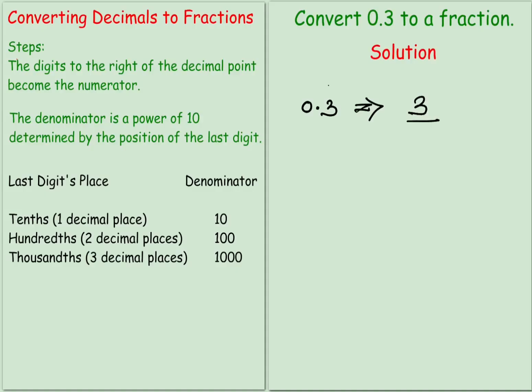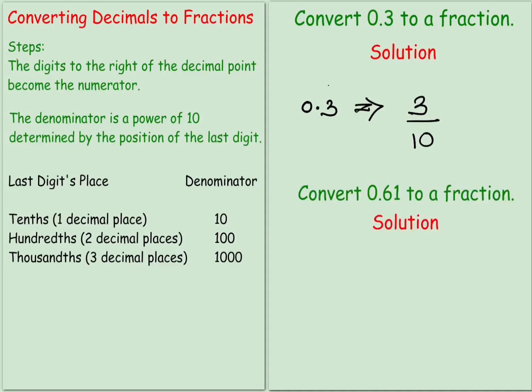Now, how many decimal places do you have here? It's just 1. So if it is 1, it is just going to be what? 10. You see, but if it is 2, then 100. If it is 3, then 1000, in that order. So the digit to the right is your numerator over your denominator, which is determined by the number of digits you have after the decimal point.